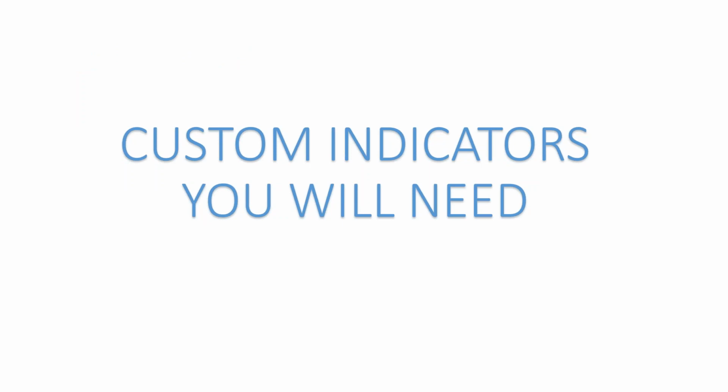So I'm going to go through some custom indicators you're going to need going forward. I'm going to be sending them out into the chat rooms after this webinar, so don't worry too much about where you're going to get them from. These are not indicators in the sense of lagging indicators.